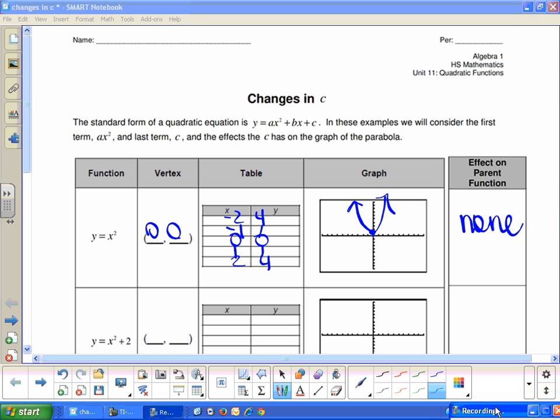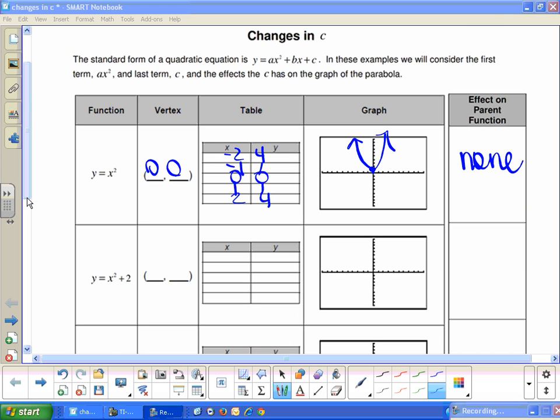Now we want to know what's going to happen if we add or subtract something to the end, to the C. It'll make it move, or it'll add to where it's at. Right. I mean, think about when we had linear, we said it moves every point up that many units.